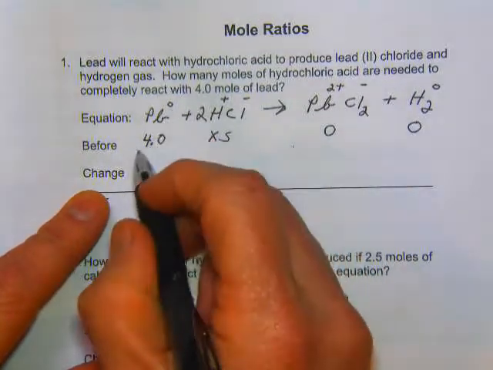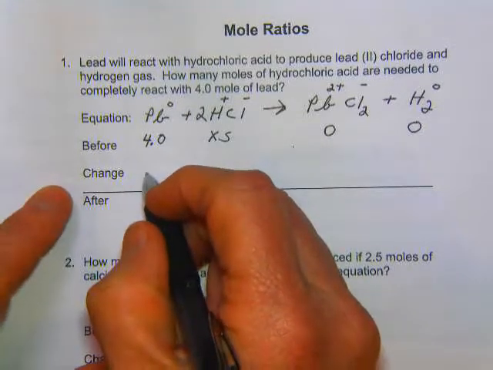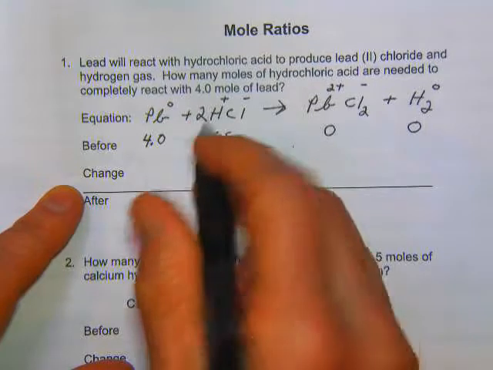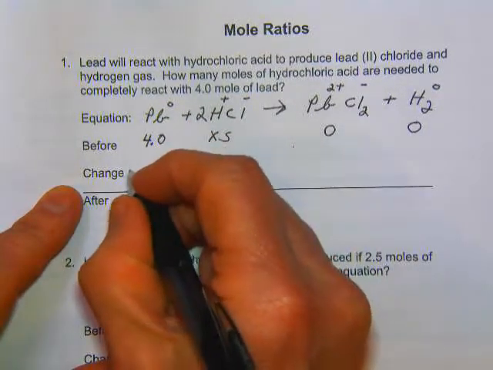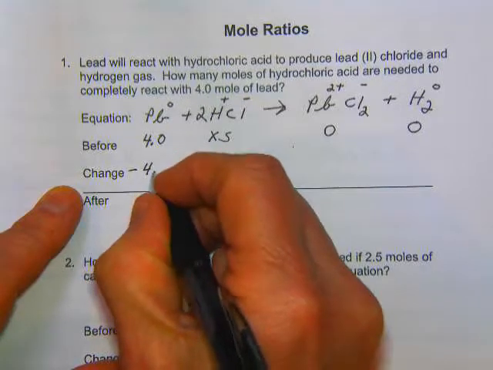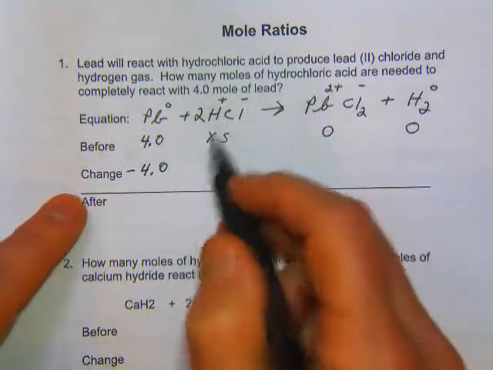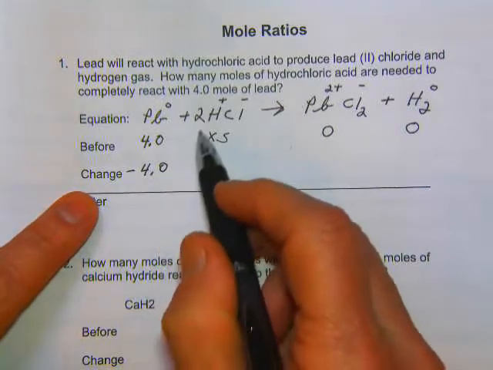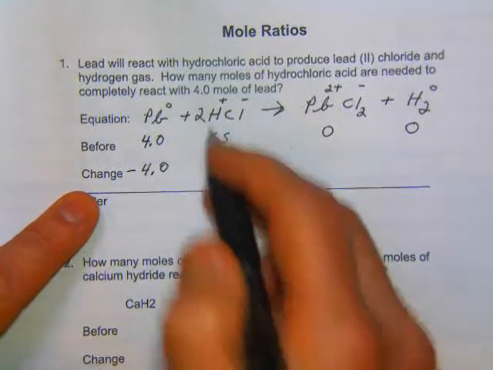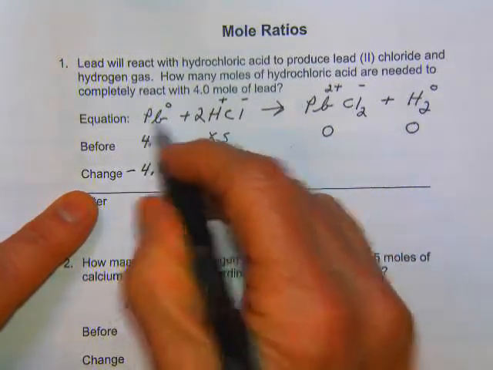So if before we're at 4, the change, we want to react. So the change is really the reaction. So we are going to use up 4 moles of lead because we want it to completely react. And to react this 4 moles of lead, it's going to take 8 moles of hydrochloric acid because it's a 1 to 2.